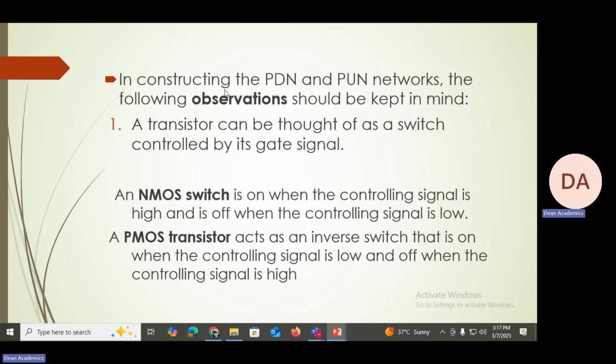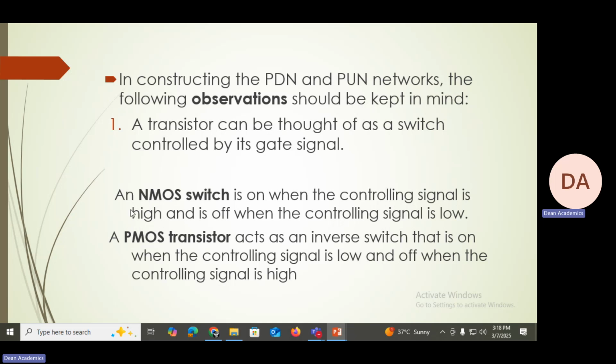Now let us see some points we have to keep in mind while constructing these pull-down and pull-up networks. One thing is a transistor can be thought of as a switch controlled by its gate signal. That means the MOS transistor has gate, source and drain, and depending on the voltage that we apply at the gate terminal, the transistor will be in on condition or in off condition.